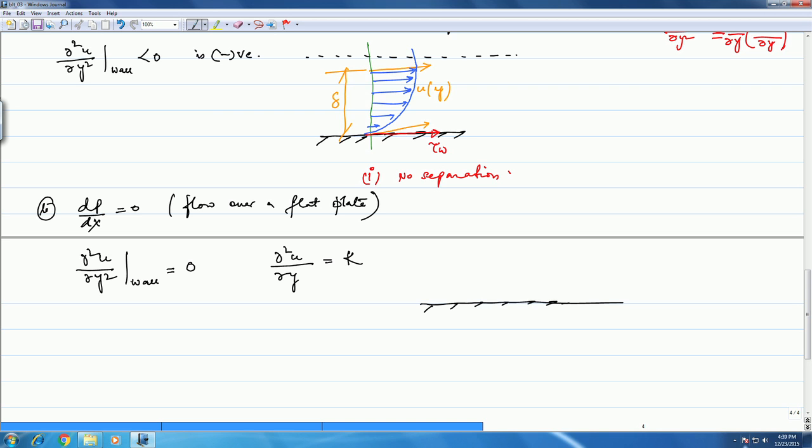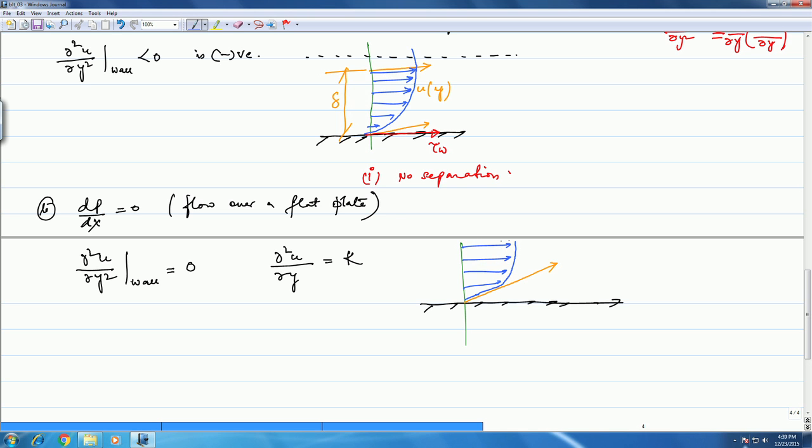this is my wall somewhere. Before I do that, let me draw this and say this is a linear growth, something like that. So your slope is something like that, which means it's linear in this region.